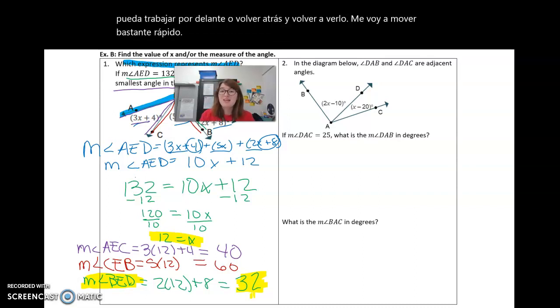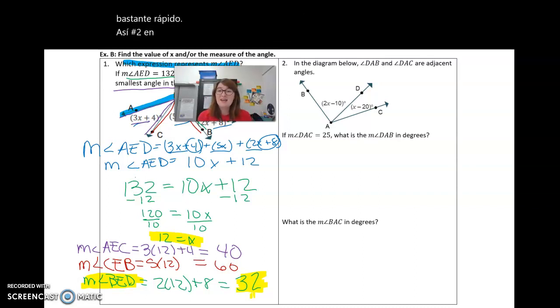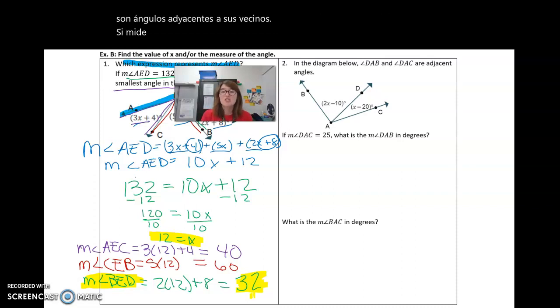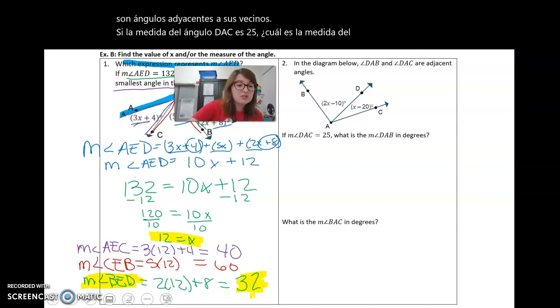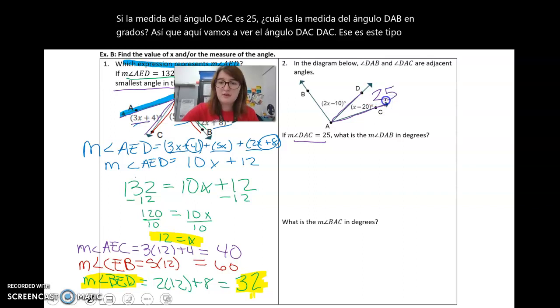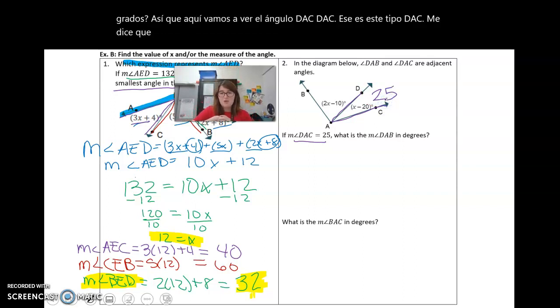So number 2, in the diagram below, angle DAB and angle DAC are adjacent angles. They're neighbors. If the measure of angle DAC is 25, what is the measure of angle DAB in degrees? So here we're going to look at angle DAC, that's this guy. It tells me it is 25 degrees, and I want to figure out what DAB is.